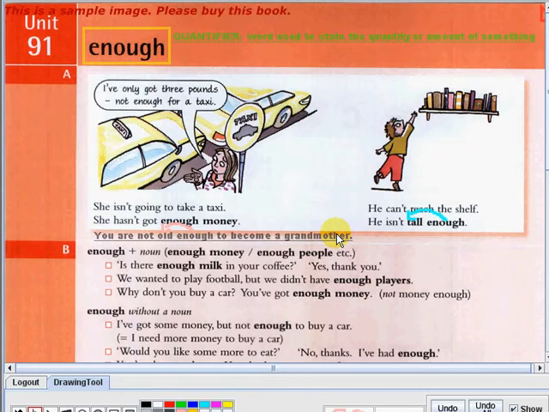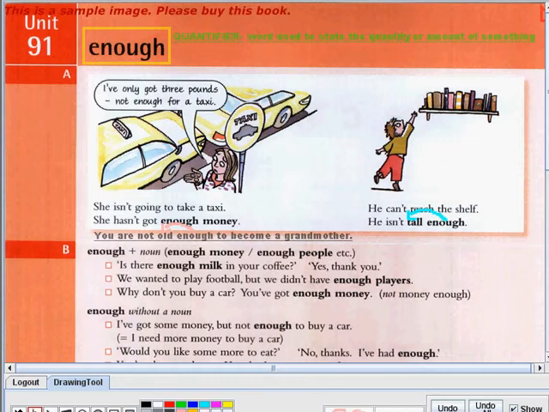So in this sentence, the word enough modifies the word old, which is an adjective. So how about you? What is your sample sentence for the word enough? Oh, that's a very good sentence.